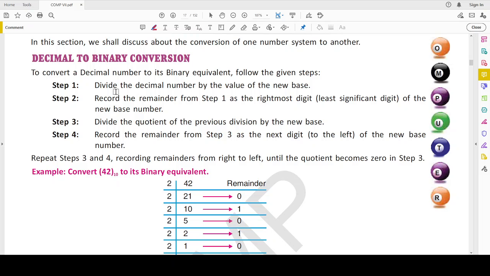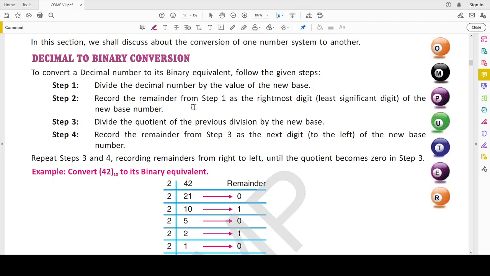We have seen for 9, we have seen for 11, 12, 13. We will now see how to convert a decimal number to binary number. So what is the first step? Divide the decimal number by the value of the new base. So what is the new base? It is 2. So you will divide the decimal number by 2.